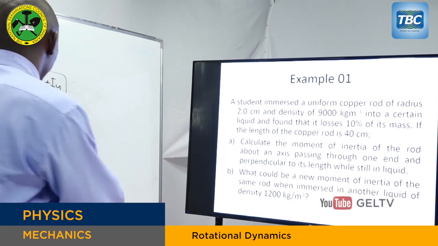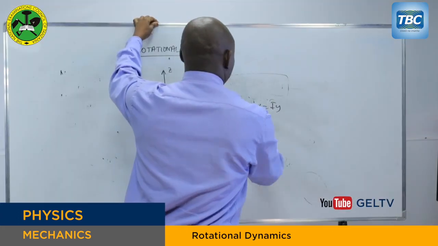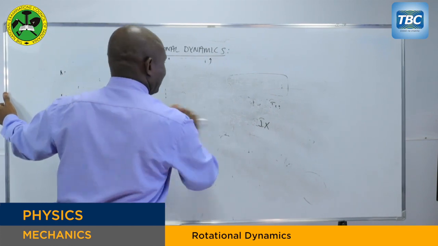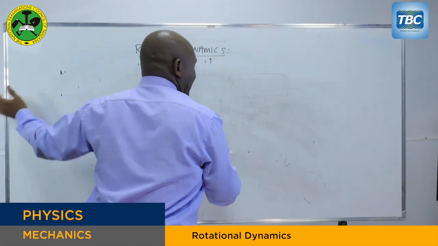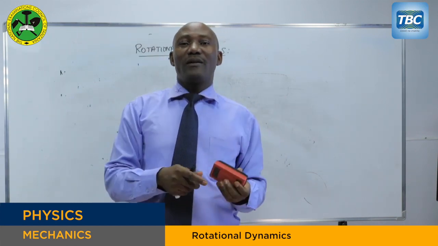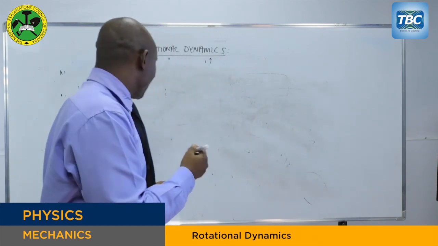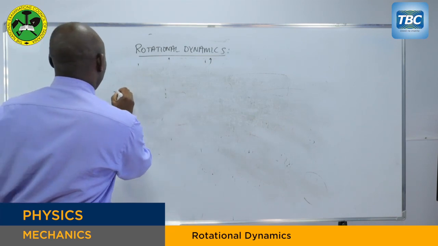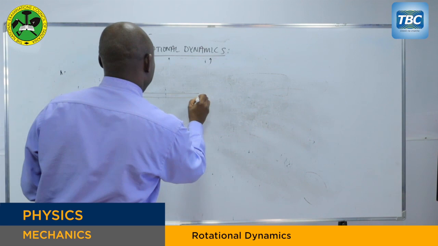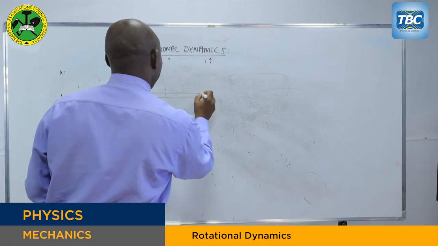Let's draw the diagram. Step number one, for this question, you should know how to draw a well-labeled diagram. So here we have our rod, copper, whose dimensions are given.